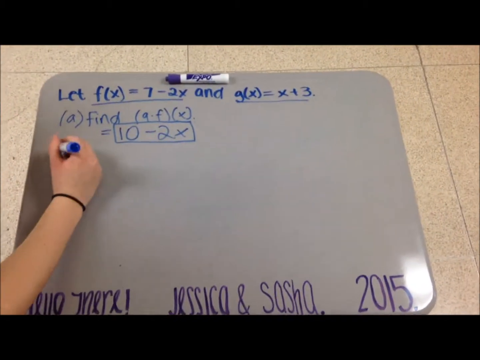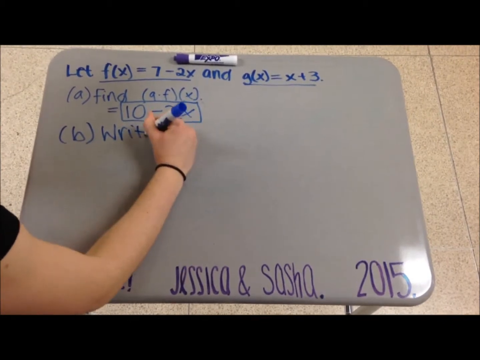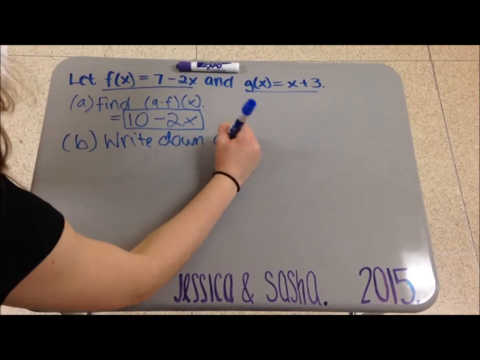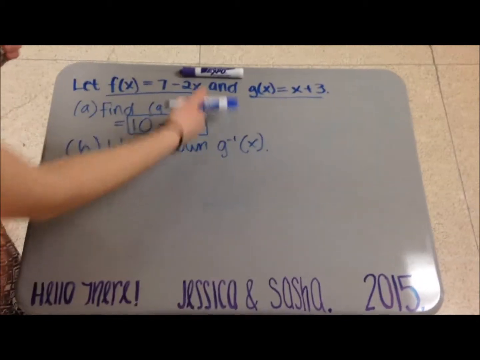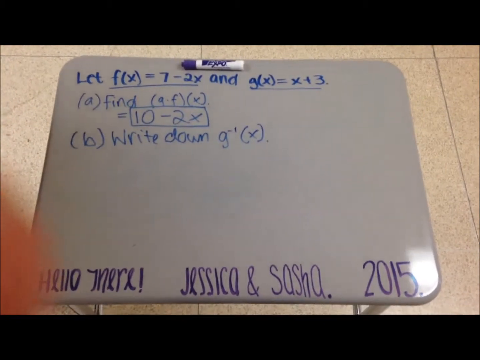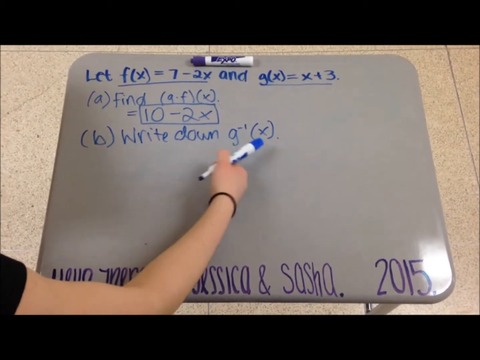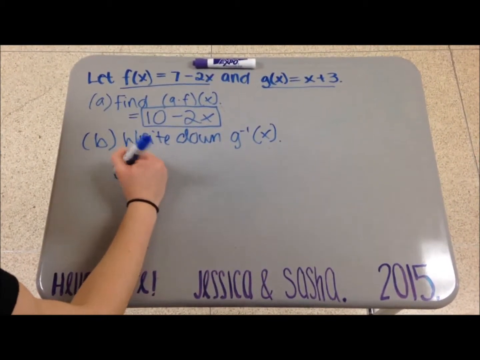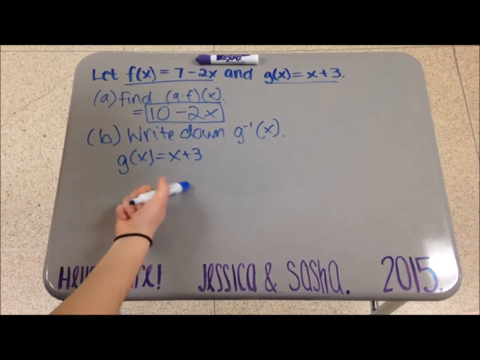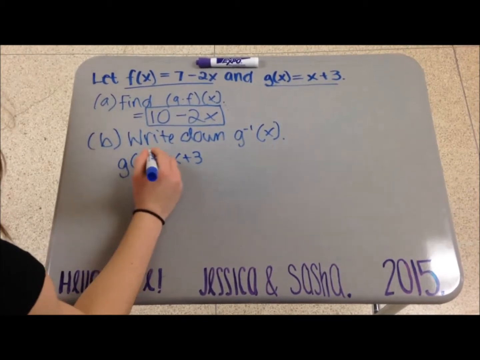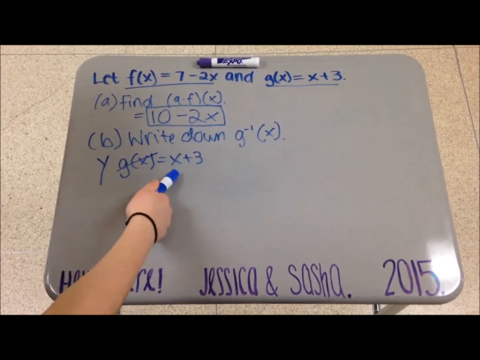Next, our part B is write down g inverse of x. g inverse of x is the g of x equation, but reflected over the y equals x axis. To find the inverse of g of x, you have to take g of x, which is here, and this is technically a y variable, but you have to switch out the x and the y.